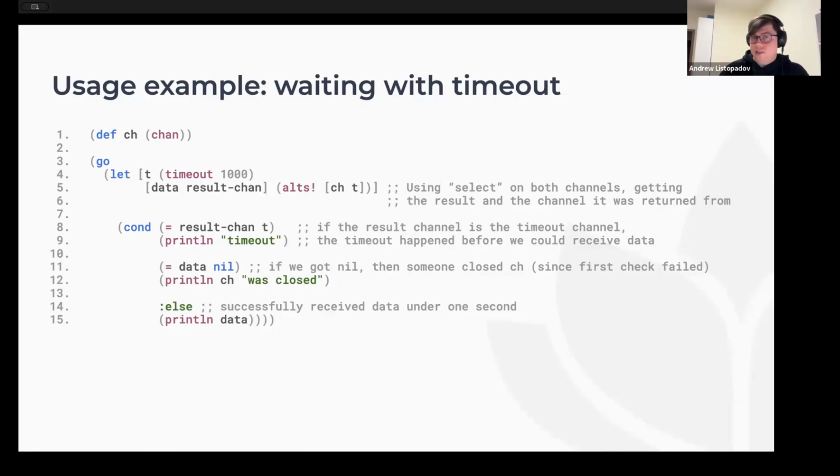What alts does instead is amazing, in my opinion. Alts is the bread and butter, the greatest function in clojure.core.async, because it simply issues a callback on every channel that you specify. And this callback is a special kind of callback. It knows when it was called. And once you call this callback, it marks itself as complete.